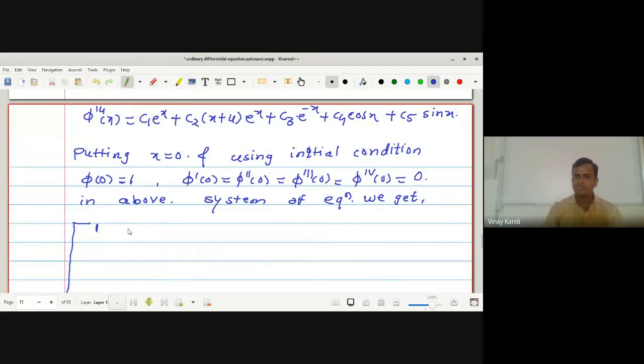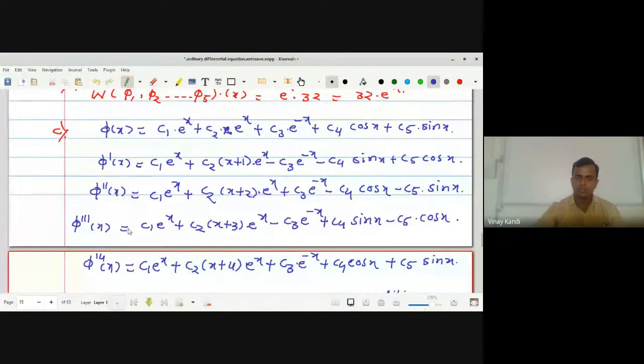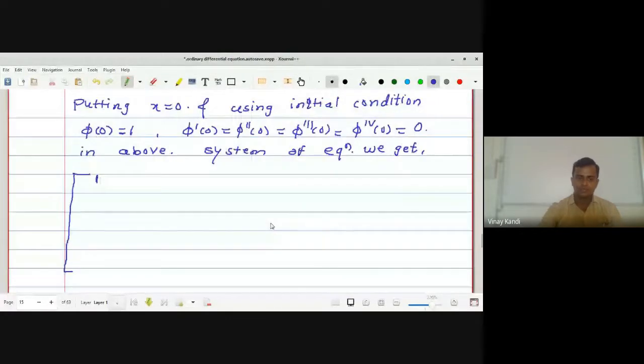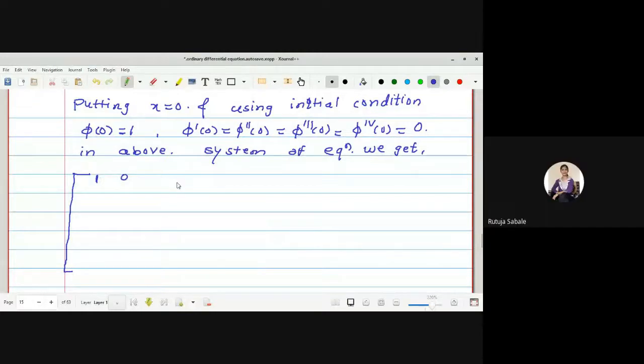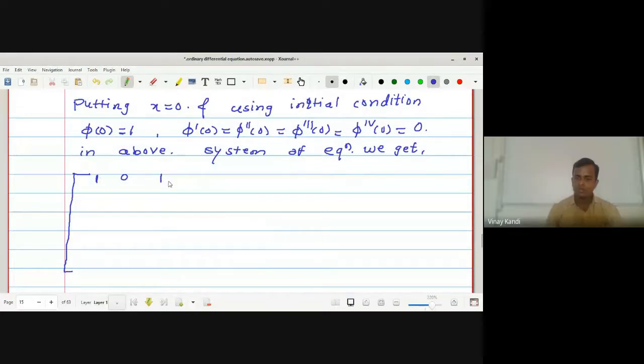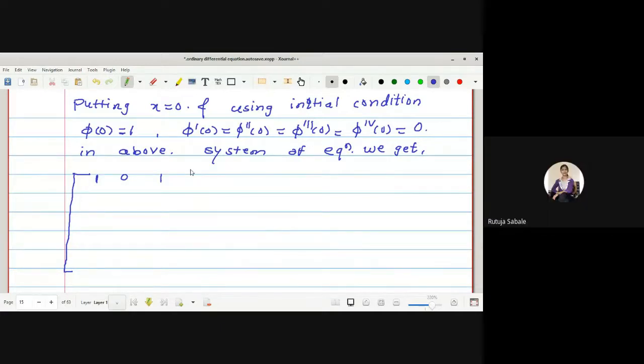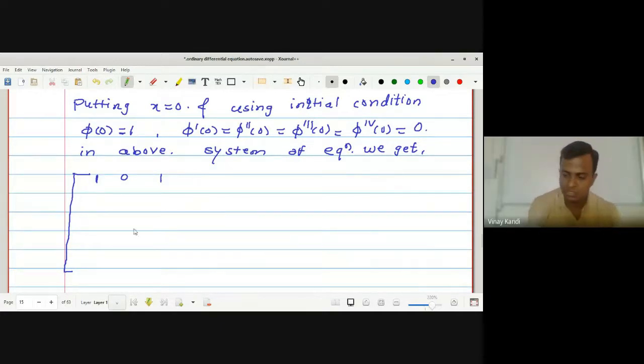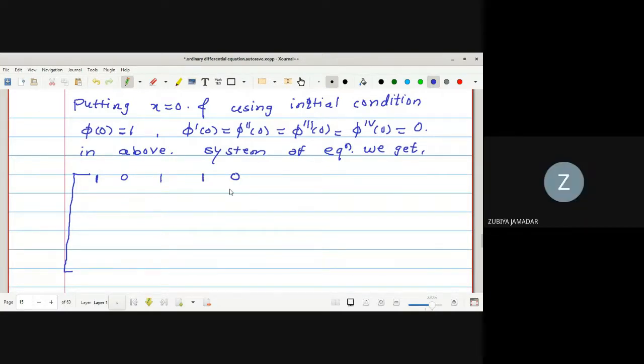It is 0, write it down. x into e raised to 0 is 0. Okay. Next: 1, 0, 1, 0. Minus 1? No, it will be plus 1. Next 1 and 0.